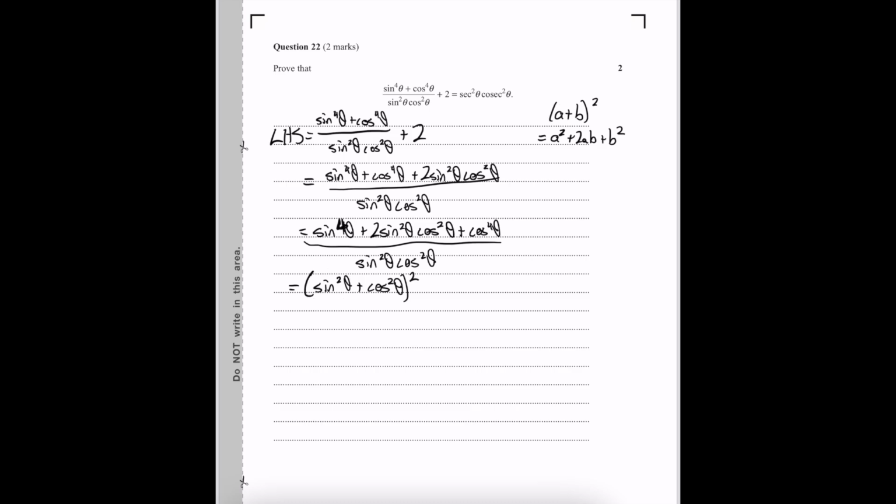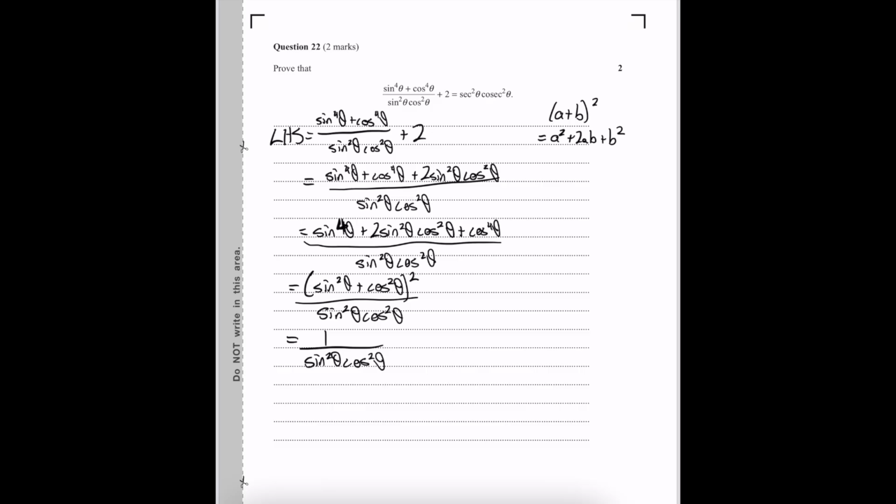Okay, hope that makes sense. And this is all going to be over that denominator of sine squared theta cos squared theta. We now know sine squared theta plus cos squared theta is 1, so it's 1 squared, which is actually just 1, over sine squared theta cos squared theta.